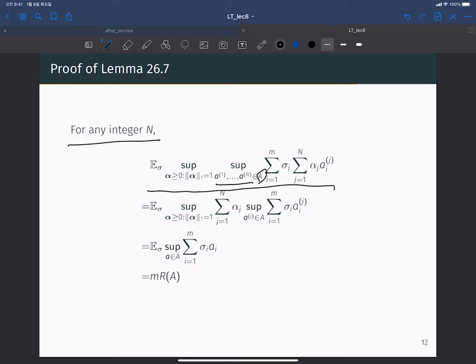Linear combination means let's consider some constant vector alpha whose L1 norm, the sum of absolute values of each element, is equal to 1, and all elements of alpha are non-negative. Then the sum of alpha j a_j represents a linear combination of vectors a1 to aN. So this is our linear combination.